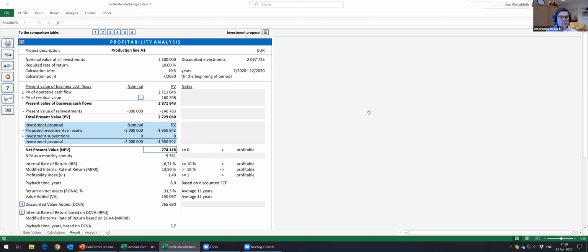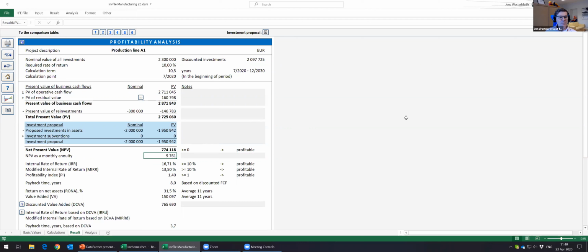So this is the added value after the owners got their 20% and the bank got their 2%. The owners have got their return and the bank got the return, and then it still gets an added value of 74,000.